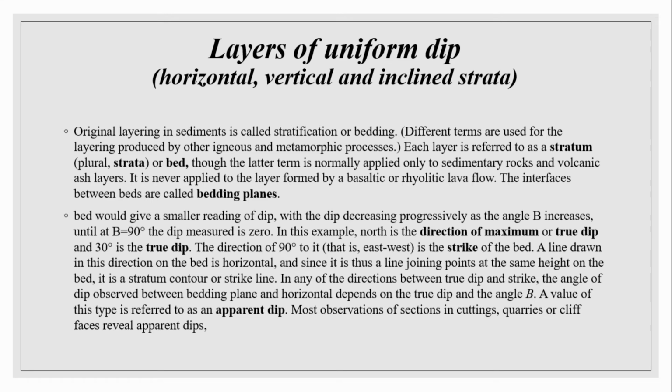Each layer is referred to as a stratum, floor, strata, or bed. The latter term is normally applied to sedimentary rocks and volcanic ash layers. It is never applied to layers formed by basaltic or rhyolitic lava flows.